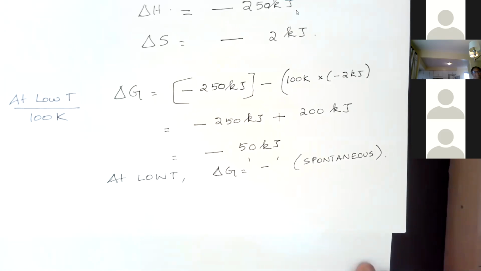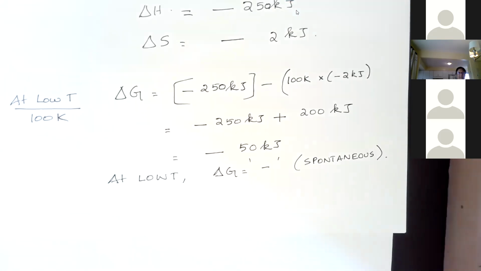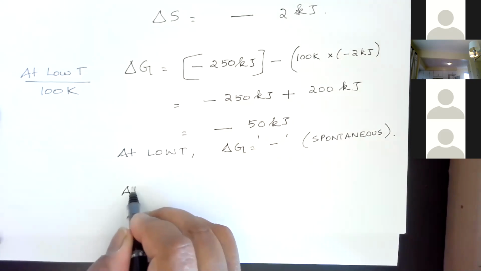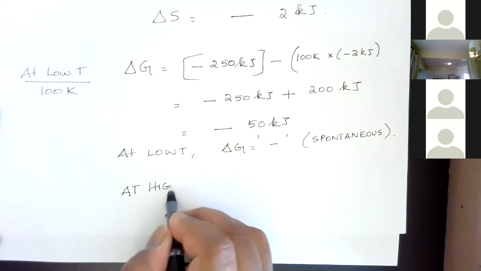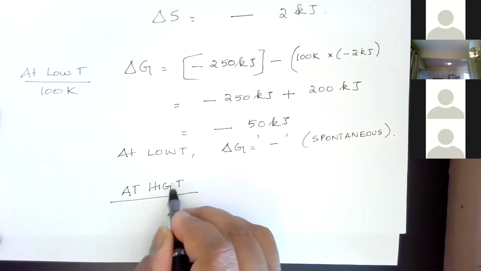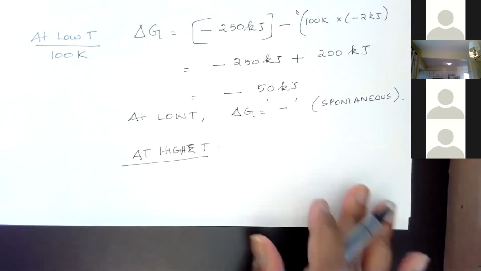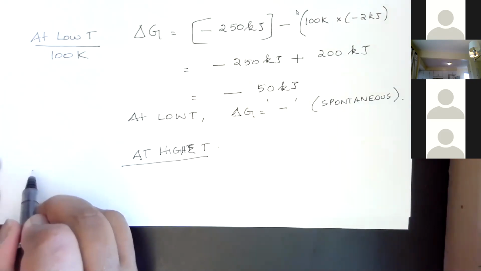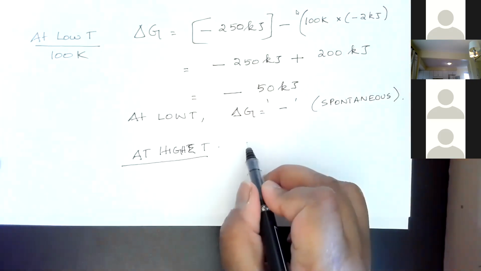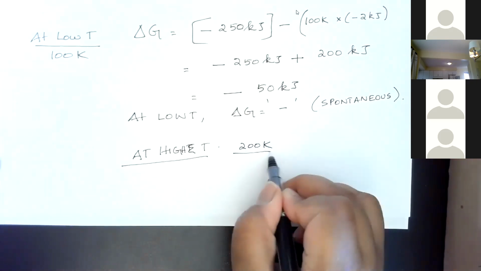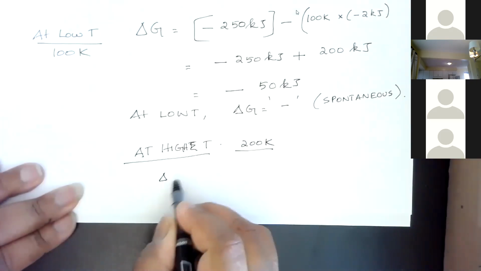All right. What happens at high T? I'm going to increase the temperature. At high T, let's make it 200 Kelvin. Let's do the math again.